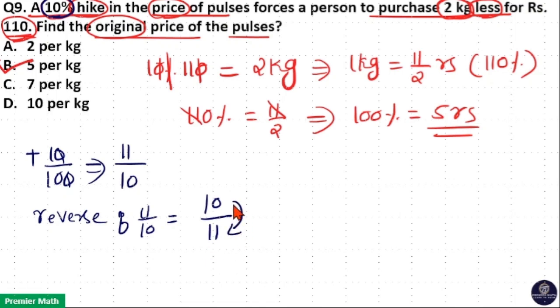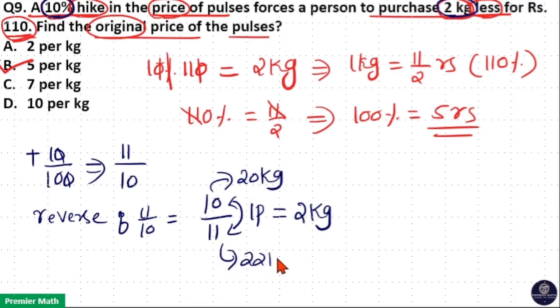Here the difference between 10 parts and 11 parts is equal to 1 part. Now the quantity difference in question is 2 kg. So 1 part is equal to 2 kg. If 1 part is 2 kg, 10 parts is 20 kg and 11 parts is 22 kg. Now here we need to find out the original price.